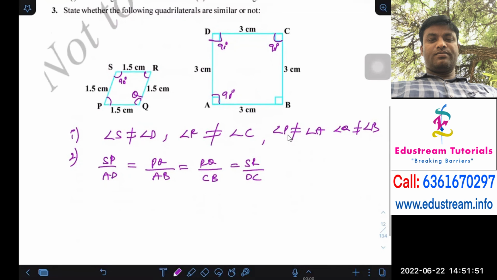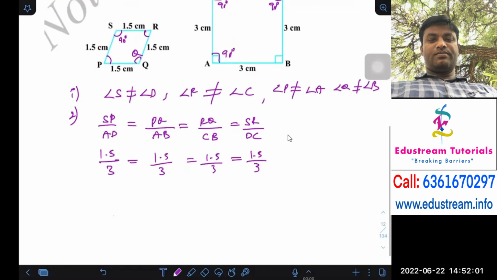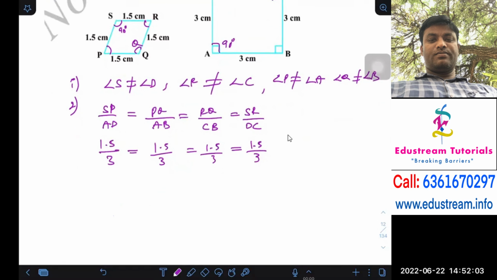So the values are 1.5 divided by 3, 1.5 divided by 3, 1.5 divided by 3, 1.5 divided by 3. So that will be 0.5 equal to 0.5 equal to 0.5 equal to 0.5.